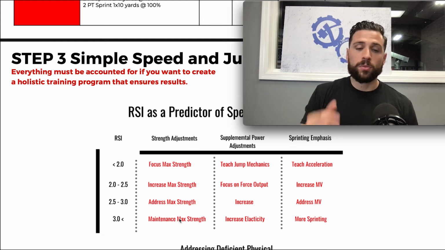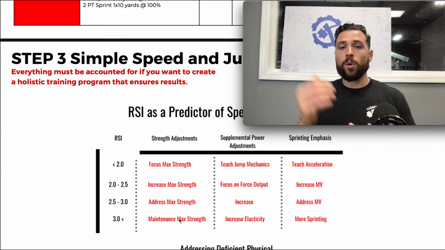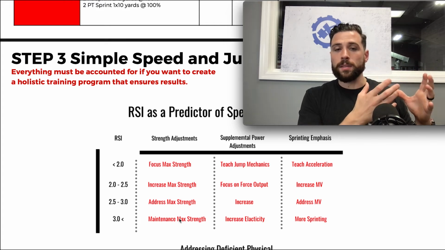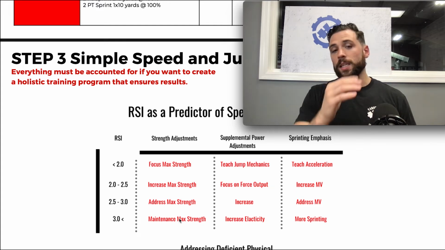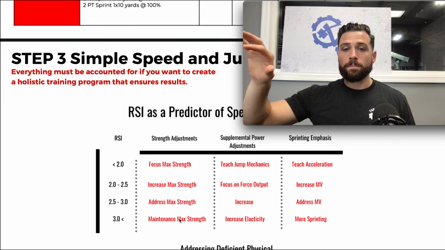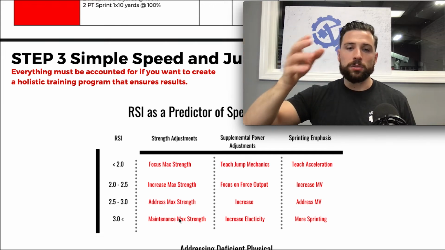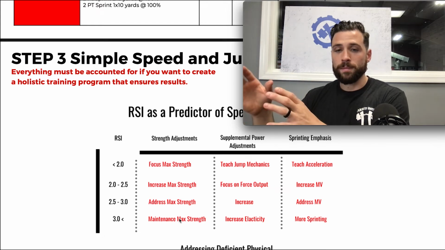I'm trying to improve my baseline level of power, right? So before, I don't really have it. I need to build the capacity and the power. And as I transition to 2.0, 2.5, I need to improve the velocity at which I'm moving in power. I'm trying to increase the velocity of the power movements that I'm performing.